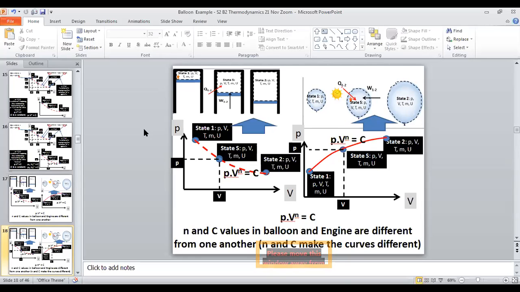And this n, there is a name. That's the name for n.